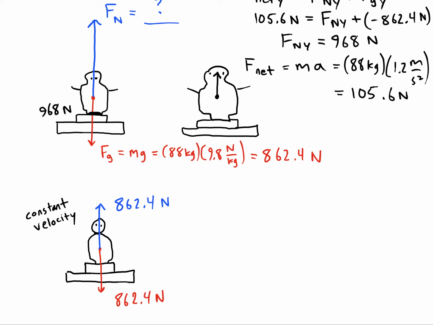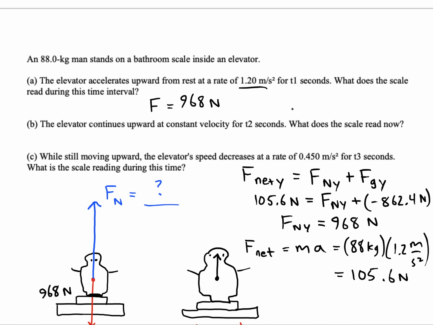But Newton's laws would say that if we want constant velocity, we just want balanced forces. So that's going to be the answer to B: 862.4 newtons.